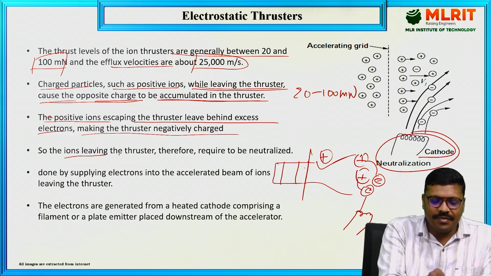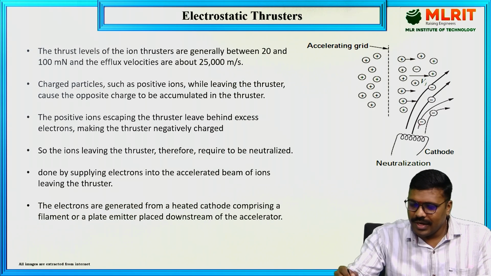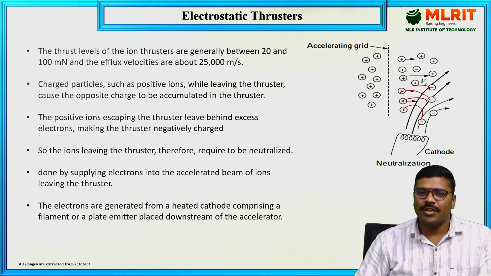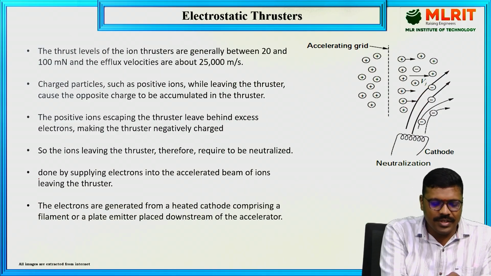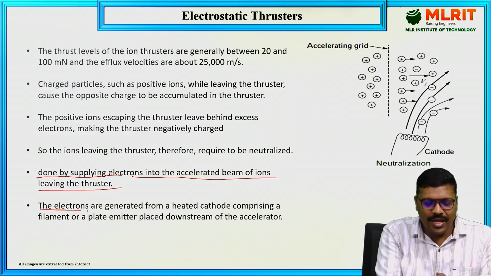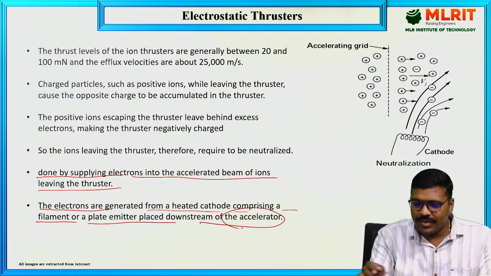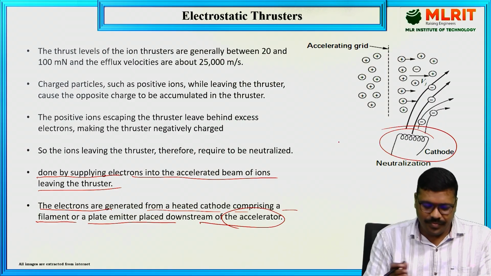So the ions leaving the thruster will be neutralized, so that no space charge effect happens in the vehicle. This can be done by supplying electrons into the accelerated beam of ions leaving the thruster. The electrons are generated from a heated cathode comprising a filament or a plate emitter placed downstream of the accumulator.